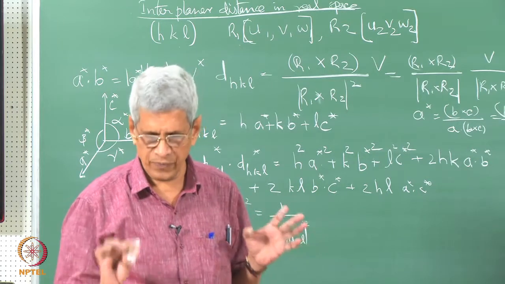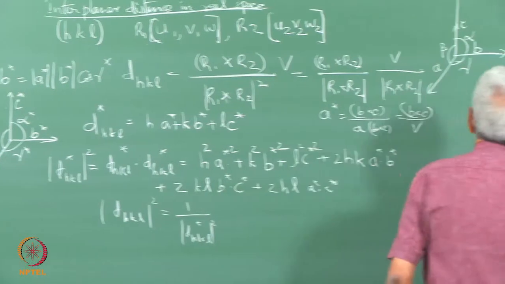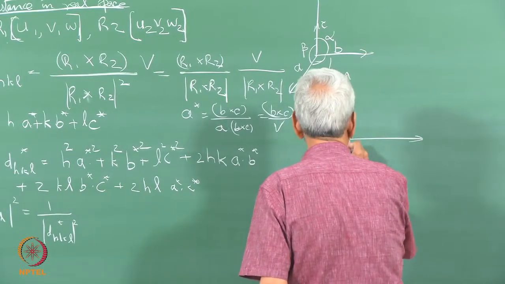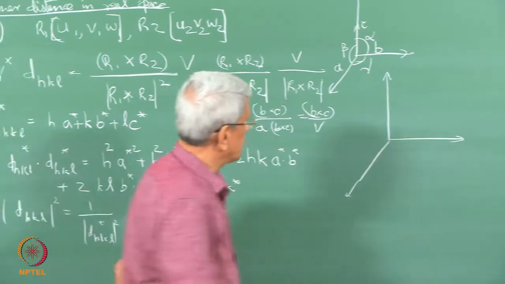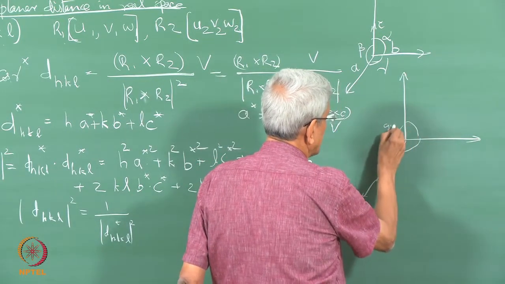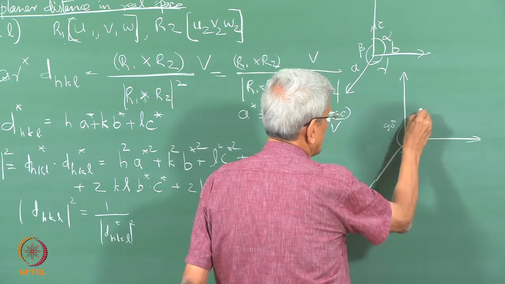We know that in vector algebra, what we do is choose a coordinate system which is essentially an orthogonal system, where the angle between all the axes is 90 degrees. This is the coordinate system which we choose.